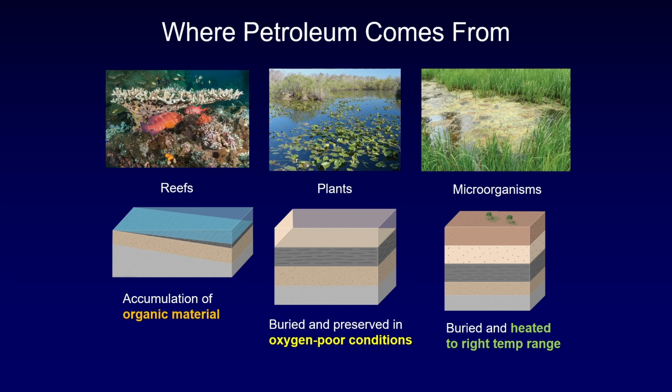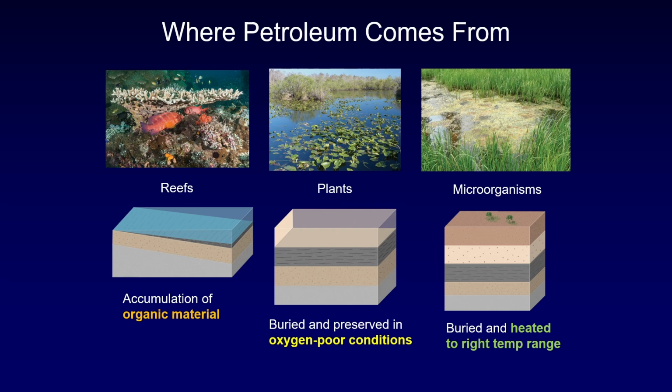We are also going to be looking at environments on the continental shelf, so in the oceans, or maybe at the shelf break, where the continental shelf turns into the deep marine environment. And in these situations, we're going to have a buildup of oxygen poor seawater right at the bottom, where the ocean essentially meets the seafloor.